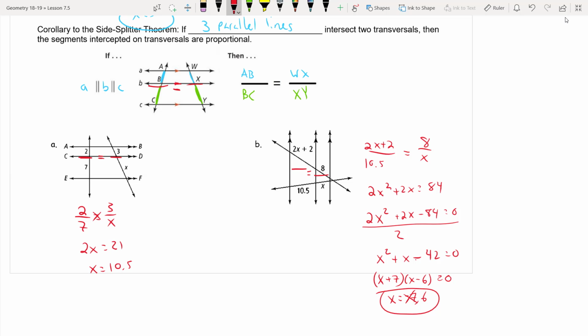I ended up with x squared plus x minus 42. So two things that multiply to negative 42 and add to a positive 1 would be 7 and negative 6. Simplifying out, I got that x equaled negative 7 and positive 6, and we can't have a negative measure, so 6 is our only possible answer there.